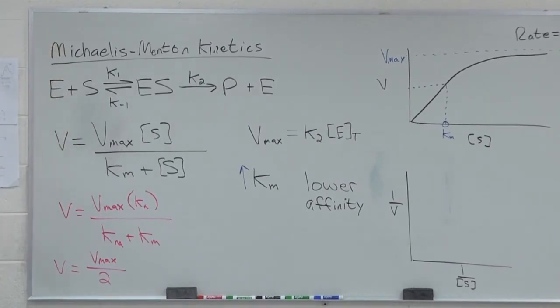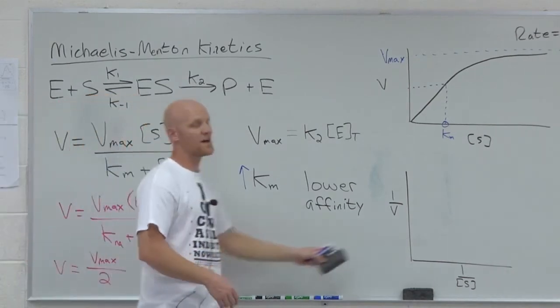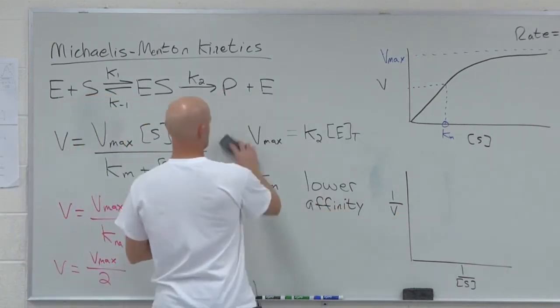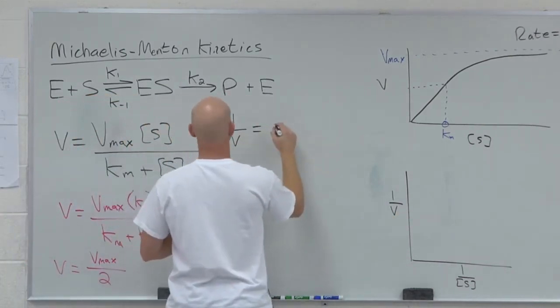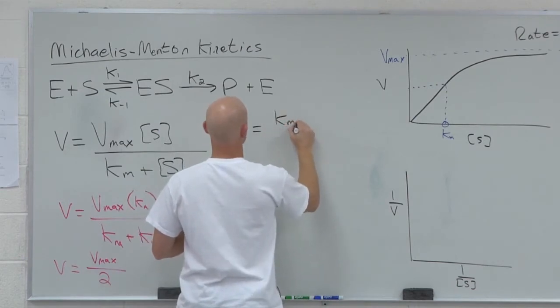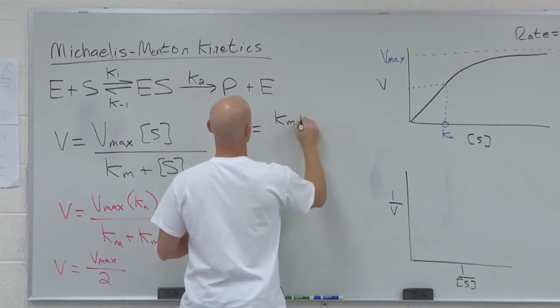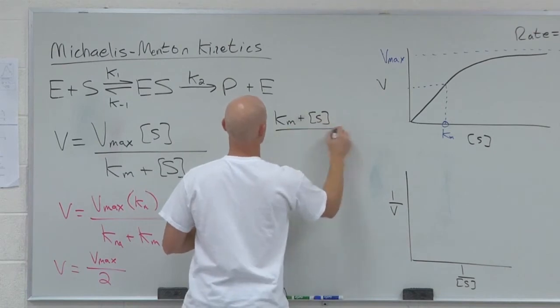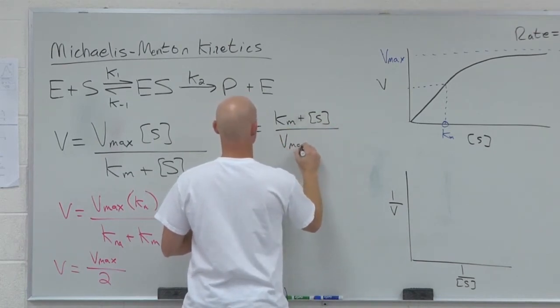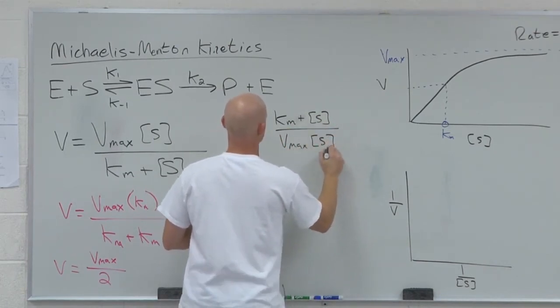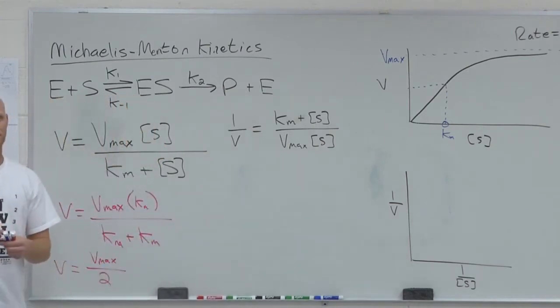I don't need v, I need 1 over v. So we're going to invert both sides of this equation to preserve the equality, and then check out how that matches up to the equation of a line. All I've done so far is just invert both sides.